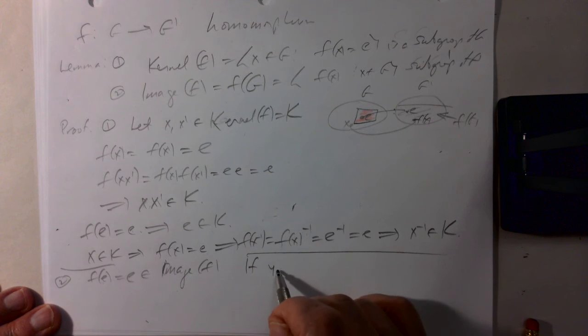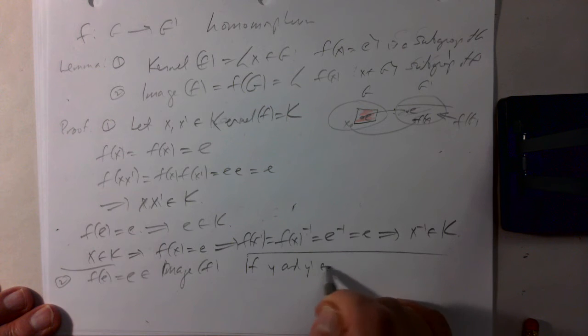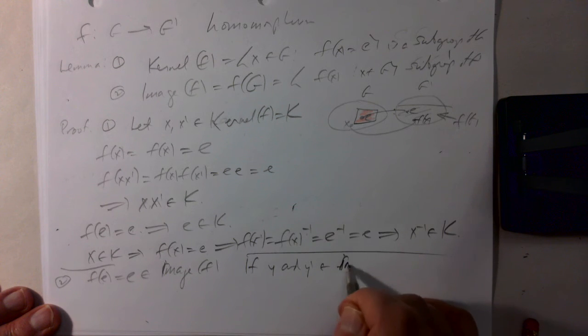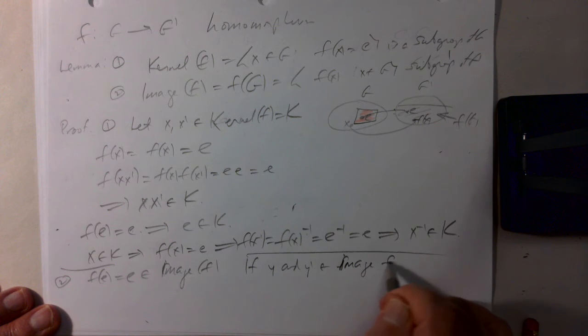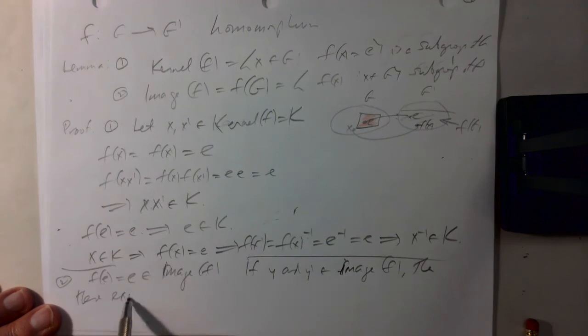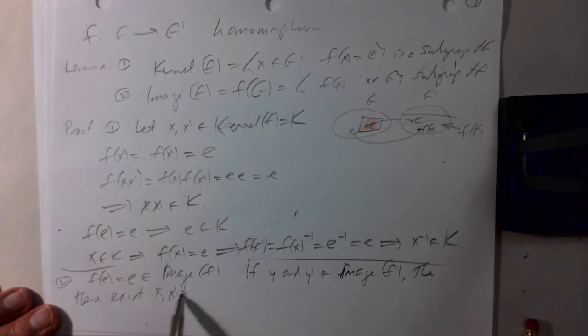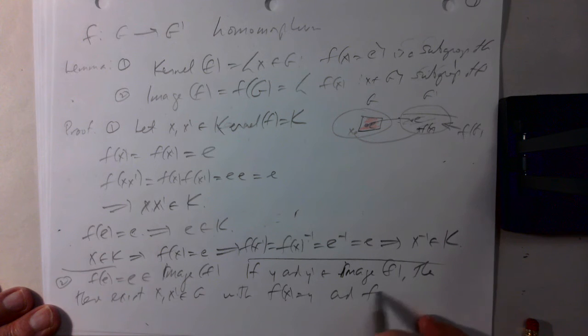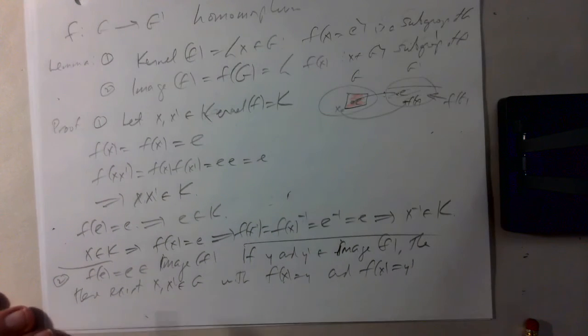If y and y prime are in the image of f, then there exist x and x prime in G with f of x equals y and f of x prime equals y prime.